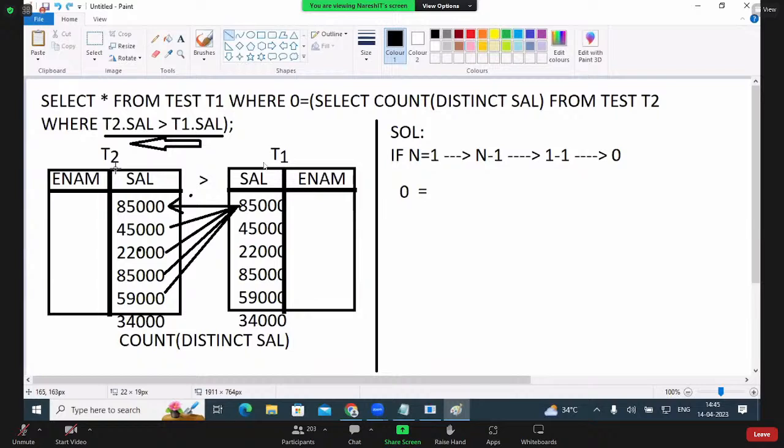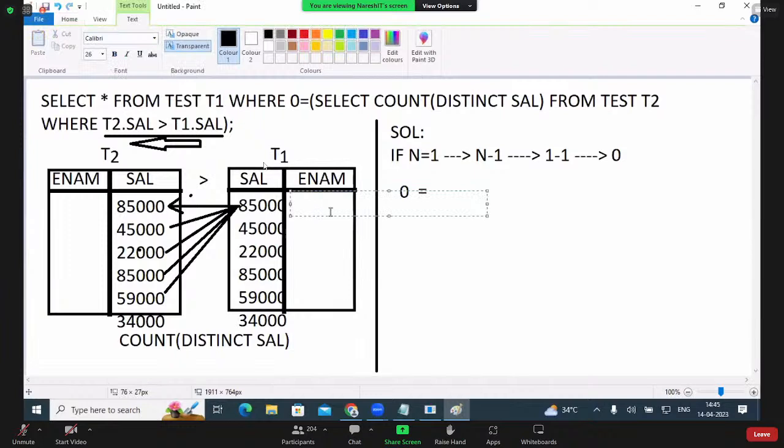Is there any bigger value? No. 85 is the biggest value. Above 85, is there anyone? No. No means my count of distinct salary, what is the count? 0. So that is what I'm writing here.